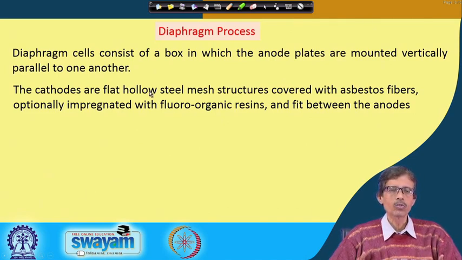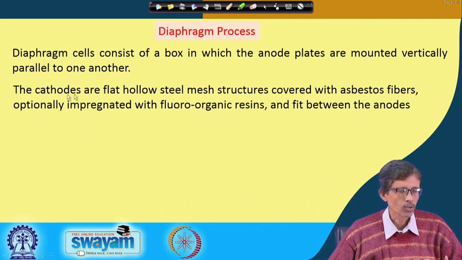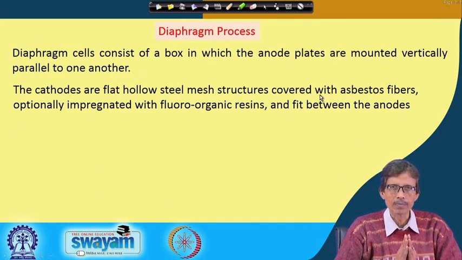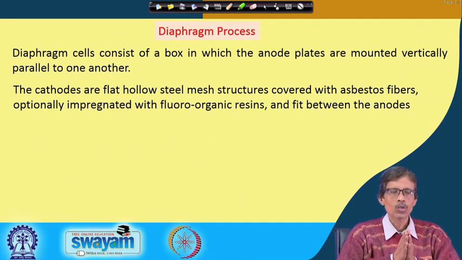So, that can also function as a good diaphragm. Diaphragm is basically a very fine net and it is made up of something. The cathodes are flat hollow steel mesh structures which are covered with asbestos fibers. Steel is not allowed to be exposed; it will be covered with asbestos fiber, another inert material, optionally impregnated with fluoroorganic resins.